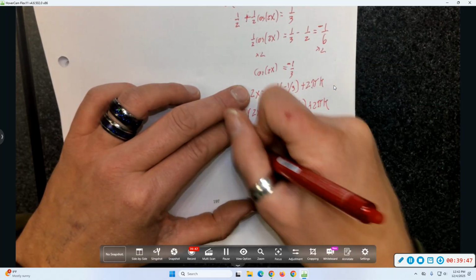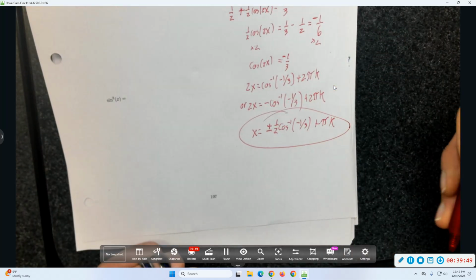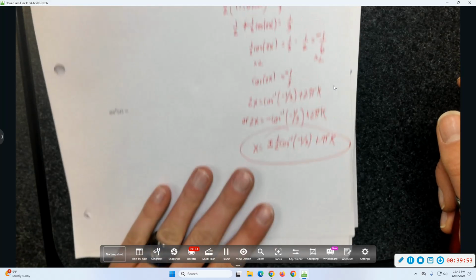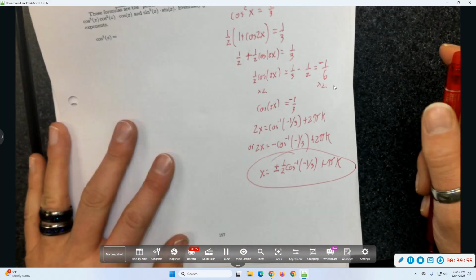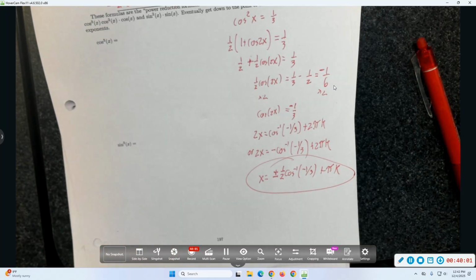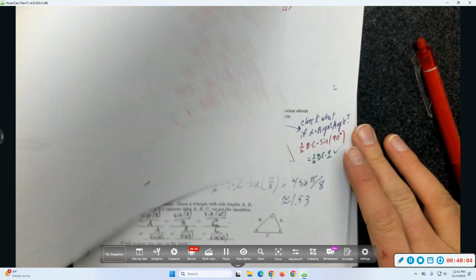Okay. Groovy. That feel pretty all right? So here's one use of the power reduction formula: you can use it to reduce powers. If you don't want to see a square, you don't have to. Nice.